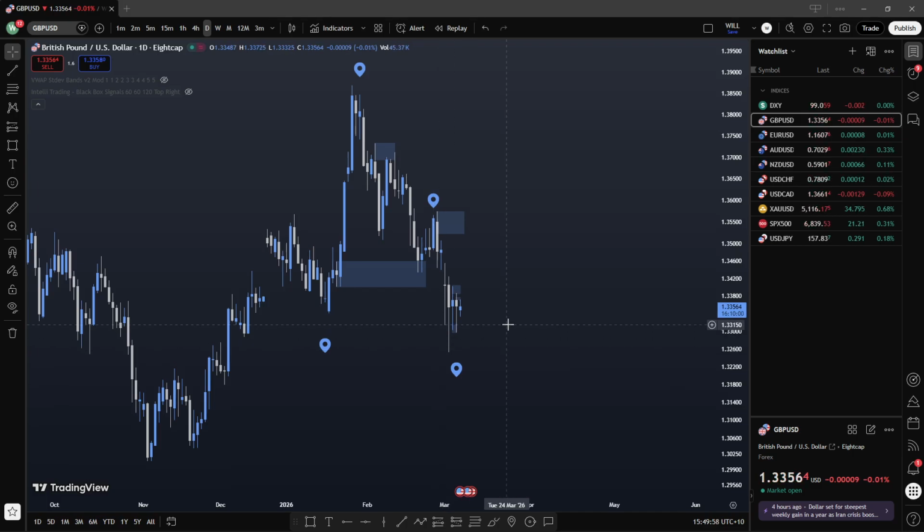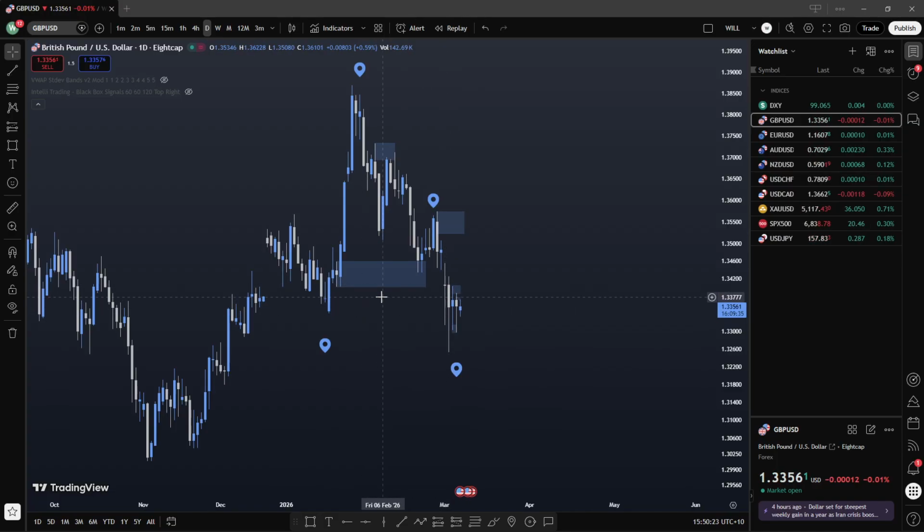And I could make a whole video as to why I don't call the wicks a break of structure, simply because, in short, that's not where all the significance and support actually lies. The wick is there showing that it's rejected this area. This whole wick is a rejection. The actual support and the significance lies within the body.